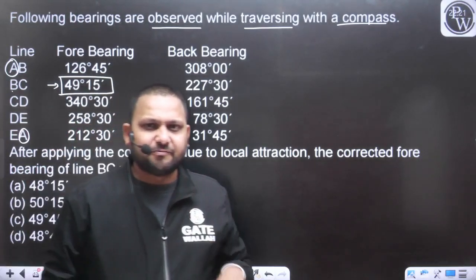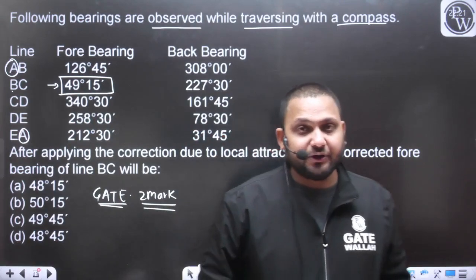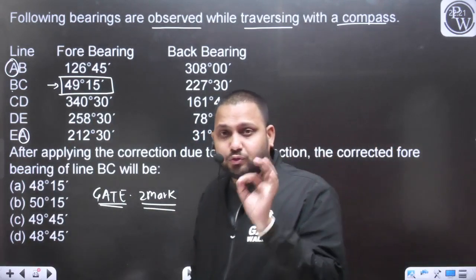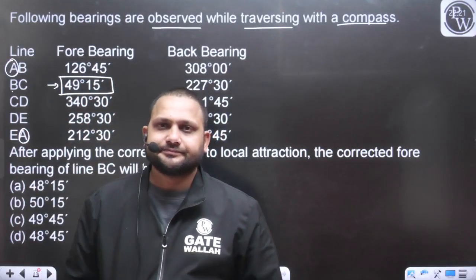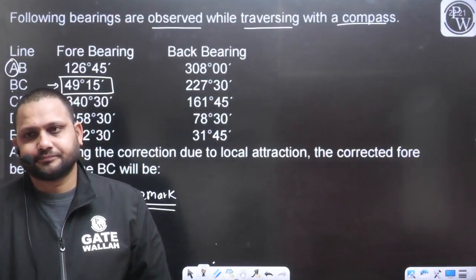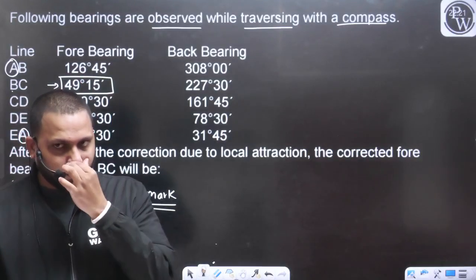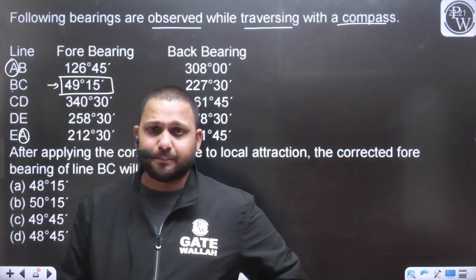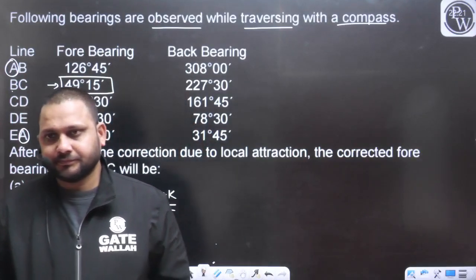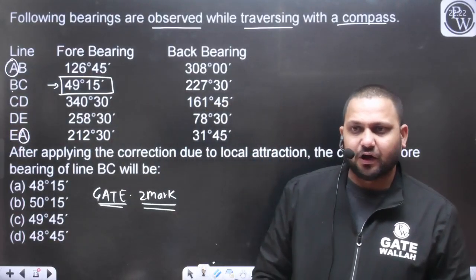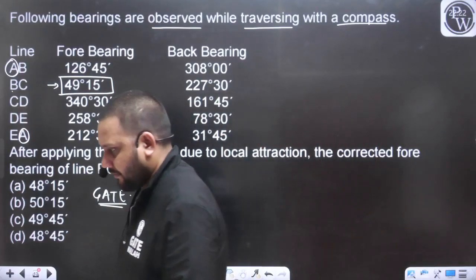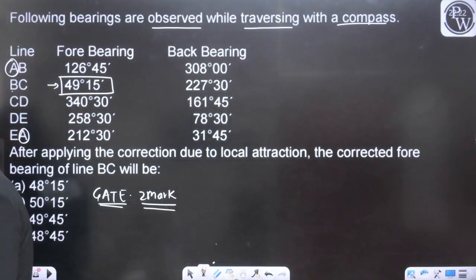What is the first and foremost thing that is required? We need to find the error due to the local attraction at station B. Yes or no? Just try to understand the approach. Is the discussion till now clear to everyone?